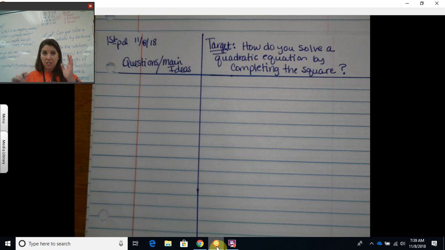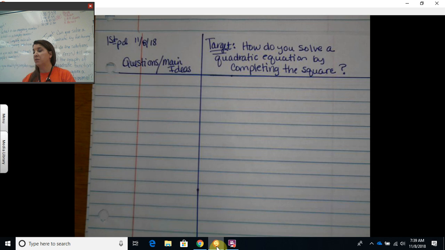Okay, so we've been working on solving quadratic equations by factoring, right? But I told you that factoring does not always work, because when you solve a quadratic equation, you're figuring out where your parabola crosses the x-axis. Well, if it doesn't ever cross the x-axis, you're not going to be able to factor that problem.